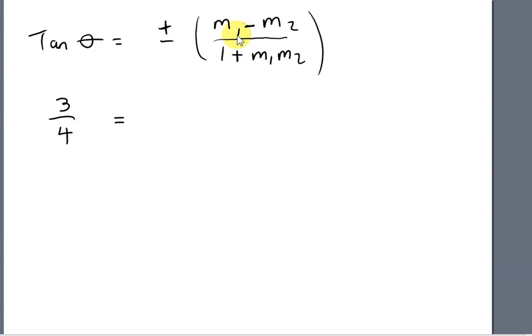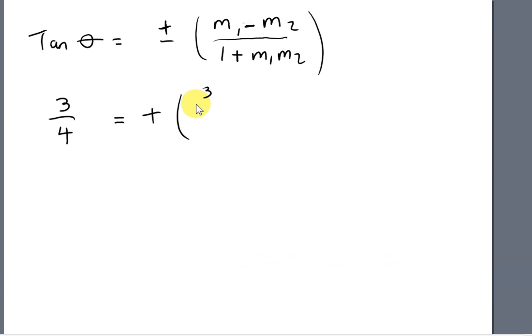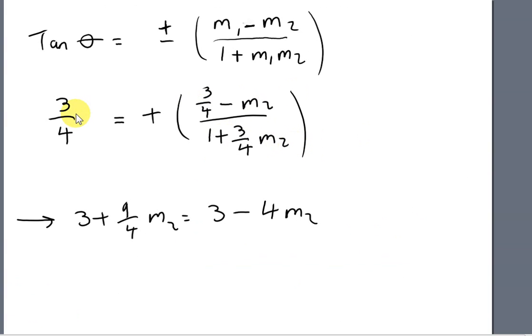So I'll start by taking this equation with the positive sign. M1 is 3/4, M2 is what we don't know. We can cross multiply here. We have one fraction on each side. 3 times the denominator here will give you 3 plus 9/4 M2. 4 times the numerator will give 3 minus 4 M2.